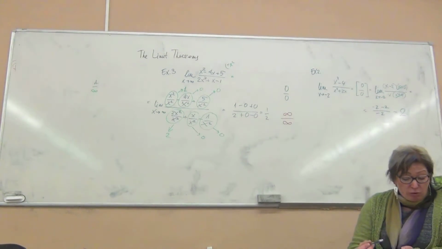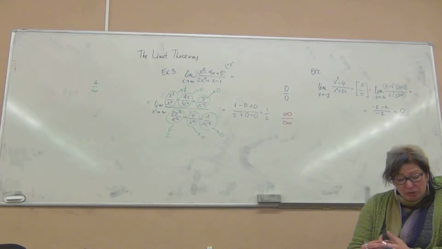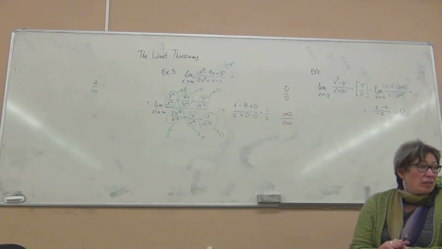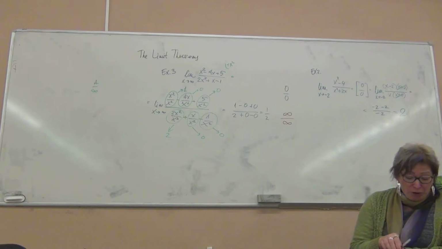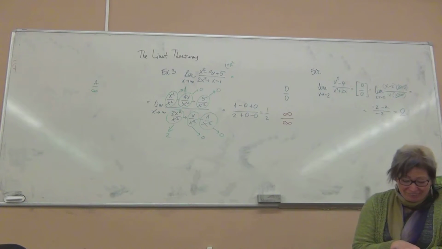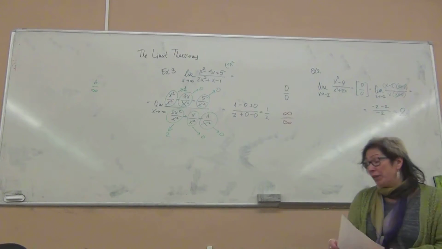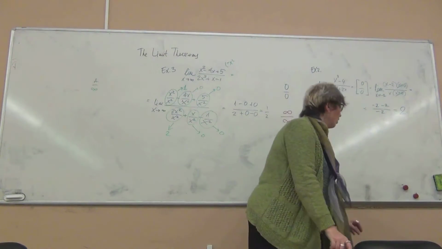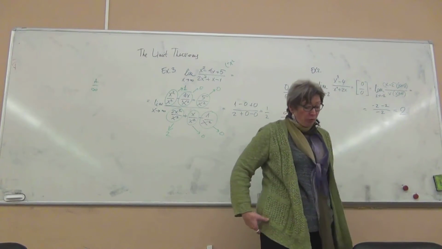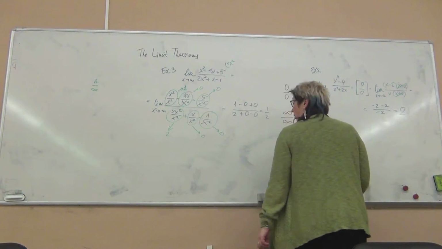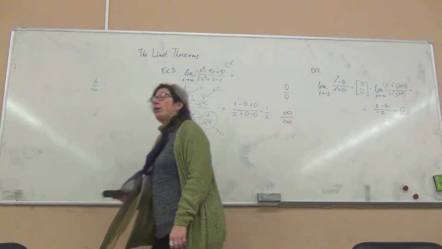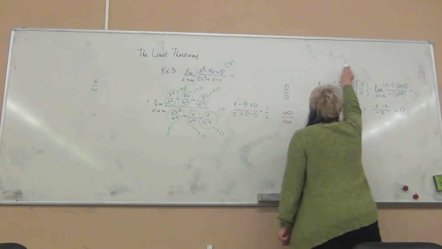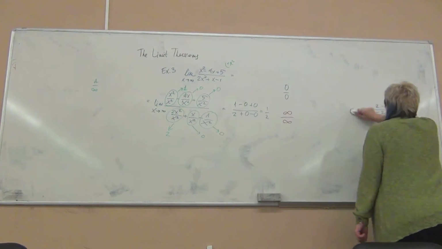In number 4, for example, L'Hopital's rule is messy because deriving the square root is not pleasant. Yeah. So let's consider how to get rid of the uncertainty 0 over 0 if we have something like the square root of example number 4.